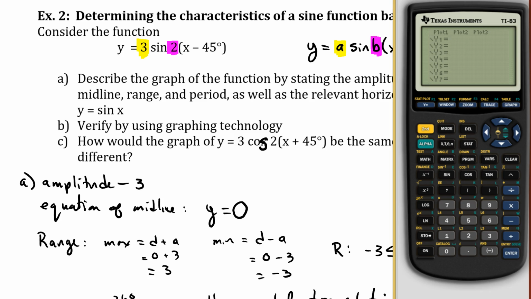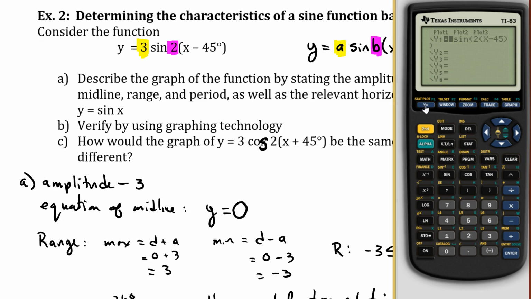Clear it first. 3 sine 2, open bracket, I'm gonna open bracket again, x minus 45, close bracket, because I need to close this bracket, and then I need to close this bracket, and then no plus d or minus d, so we're going to graph it. Look at that. So what we need to do is, we can't see the whole thing, so we're going to change the window settings again.